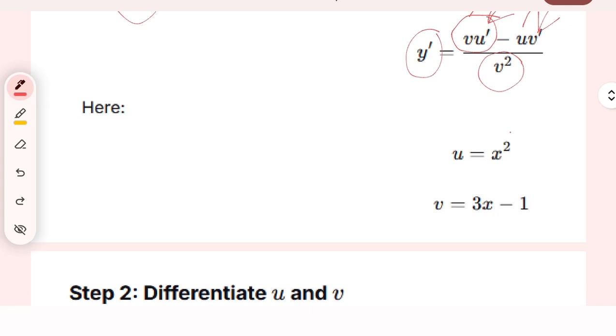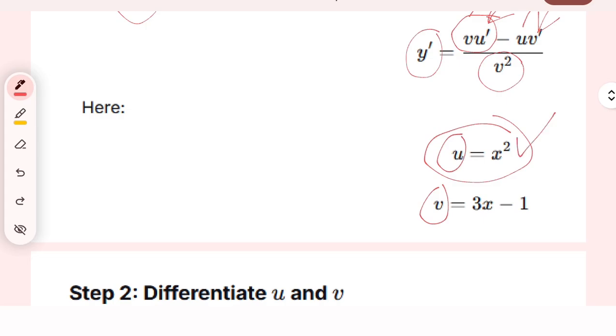So here we have the numerator, and we give it a variable u. The numerator u is x squared, and the denominator v is 3x minus 1.